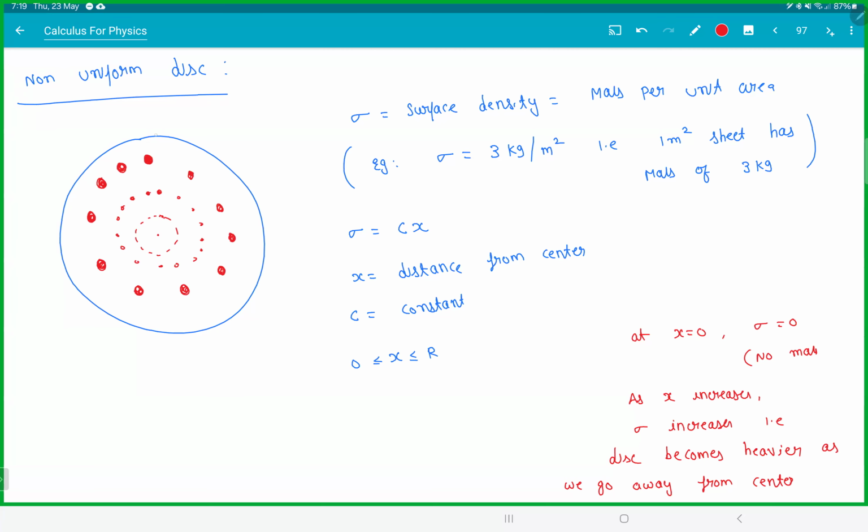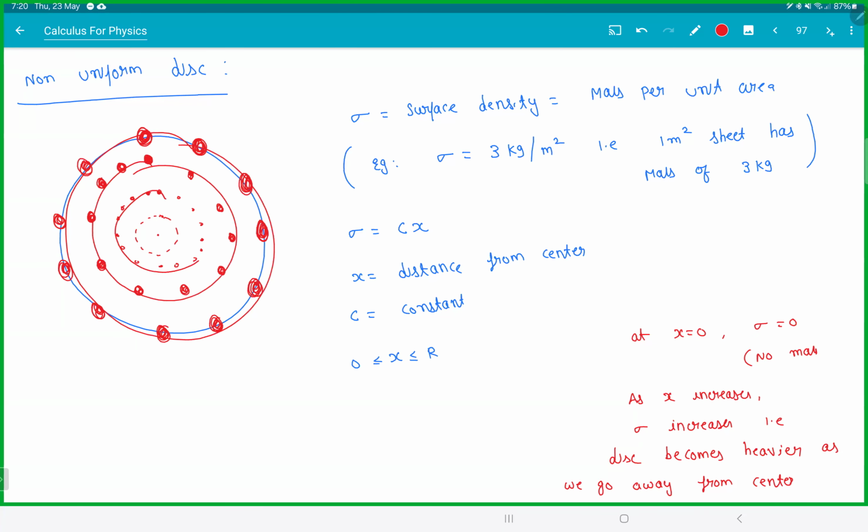And if you go more out, maybe it is made of lead, which is even denser. Are you able to visualize how it is? So you have a body like this, which is becoming heavier and heavier as you go out. The outer ring has more density, and the inner rings will have less density. Able to visualize how it is?